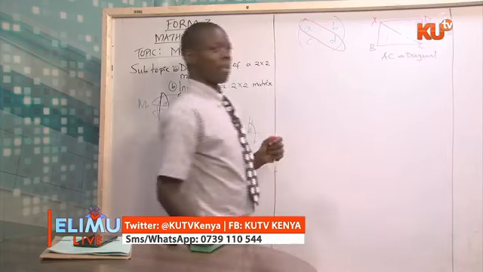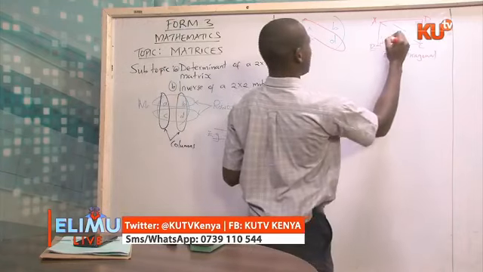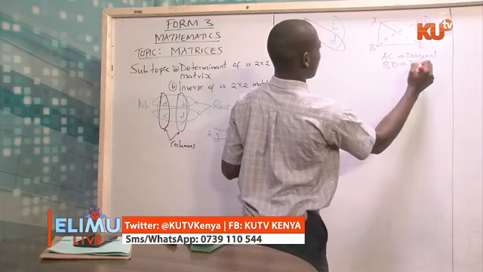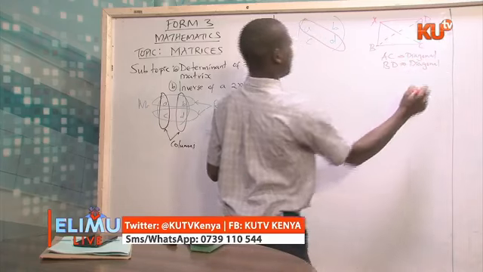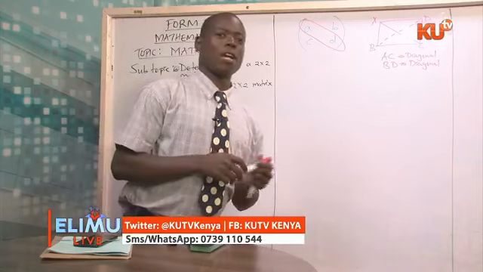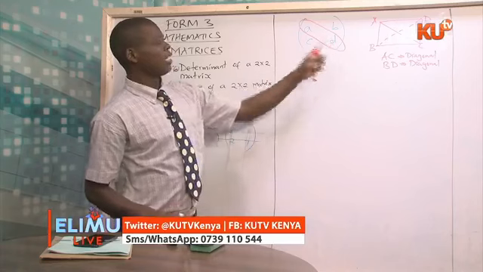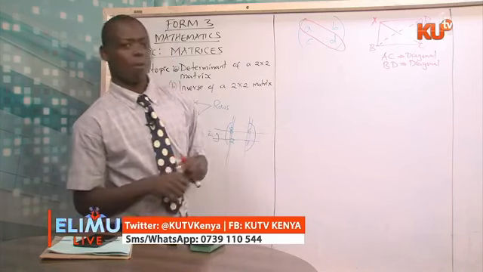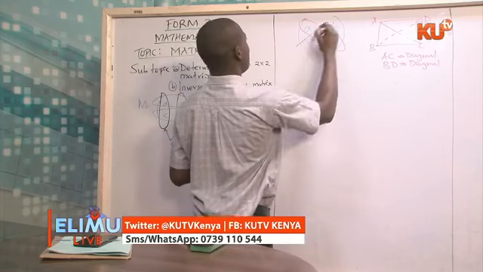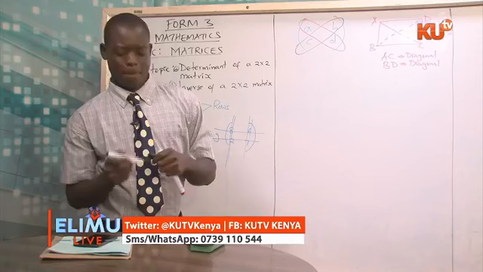When we join B and D as well, this is again a diagonal. But in our case in matrices, the elements A and D are in diagonal form. Equally, elements B and C are also in diagonal form.